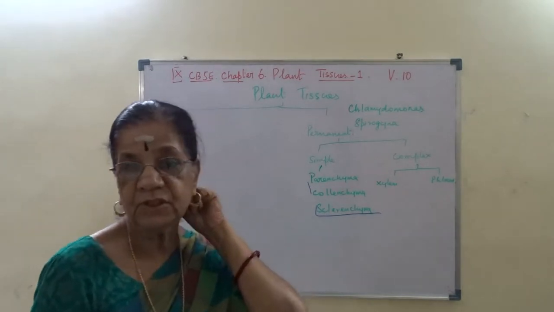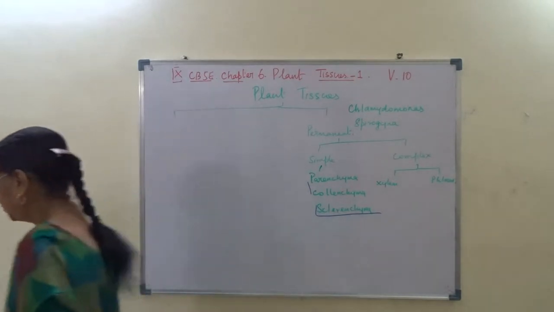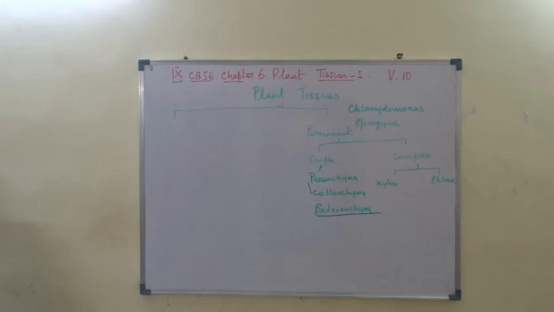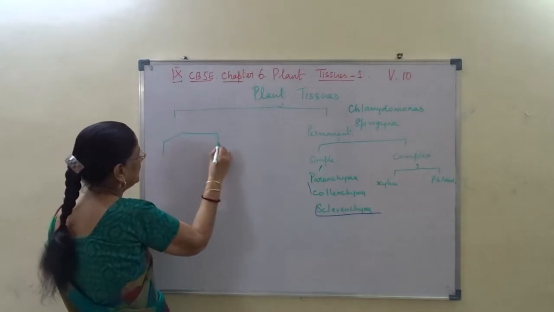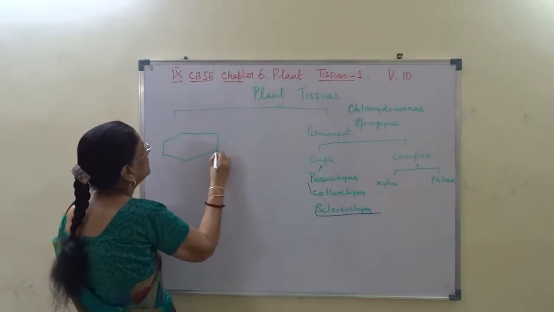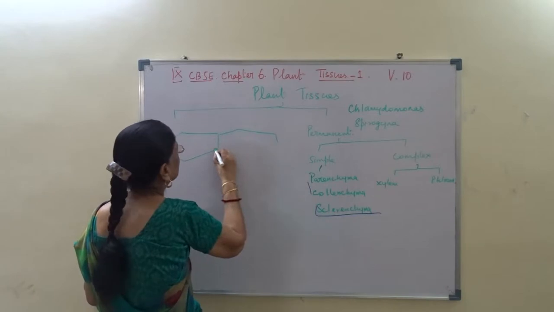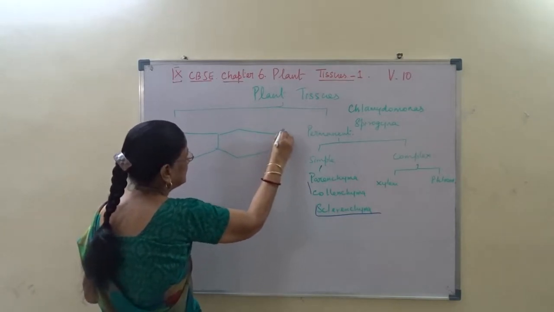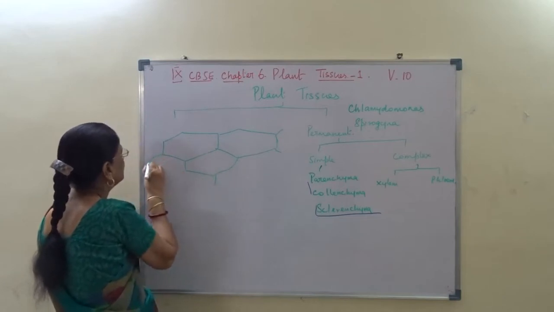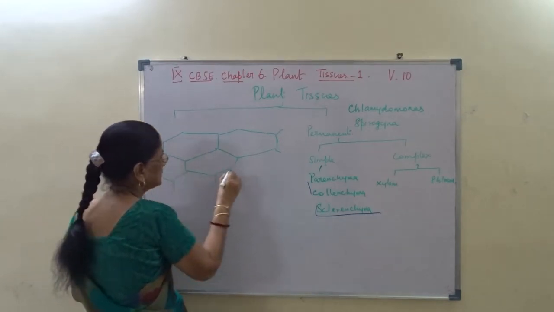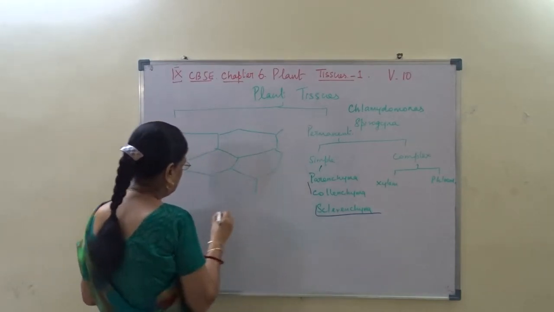As the name says, this will be forming a simple permanent tissue. It is like this, and it will have intercellular spaces.